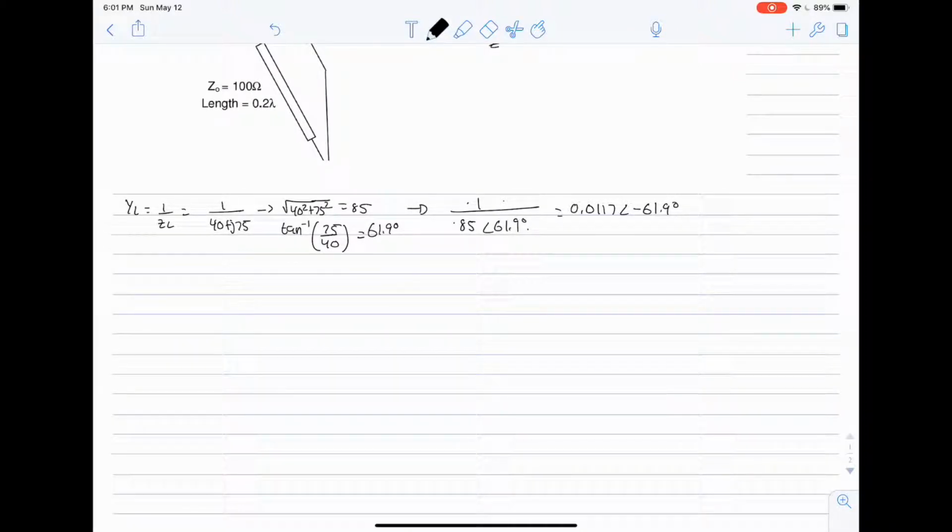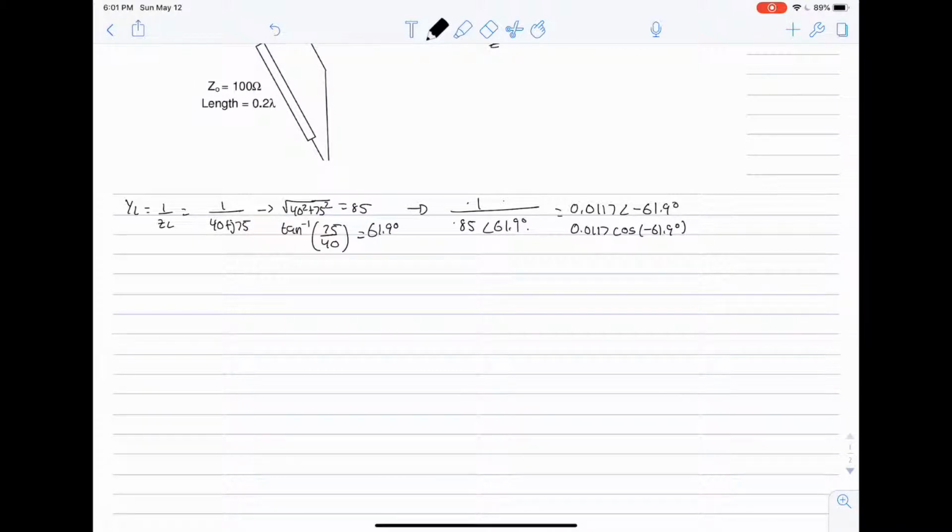For our real part, it's going to be our magnitude, 0.0117, times cosine of negative 61.9 degrees.